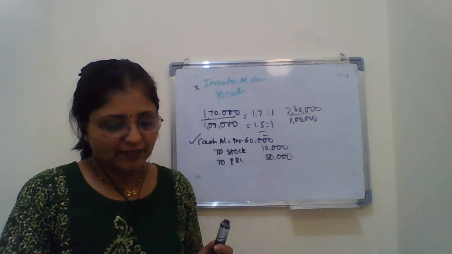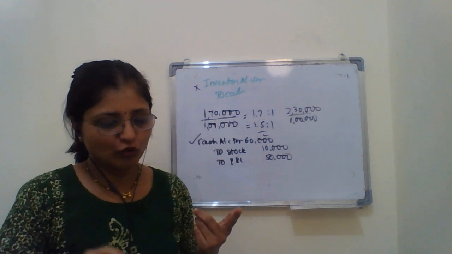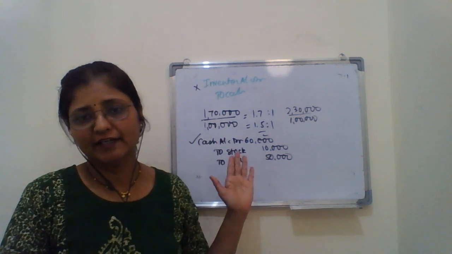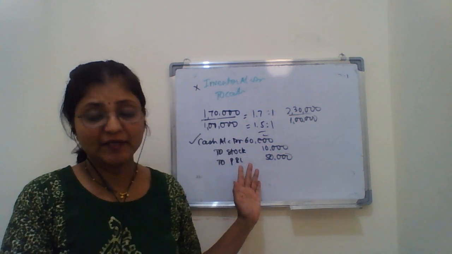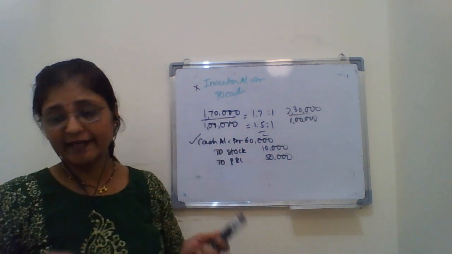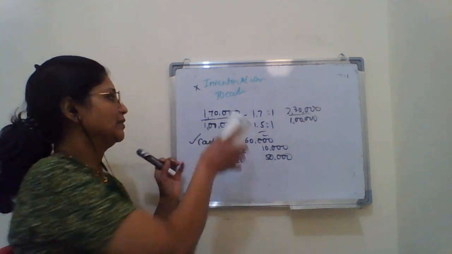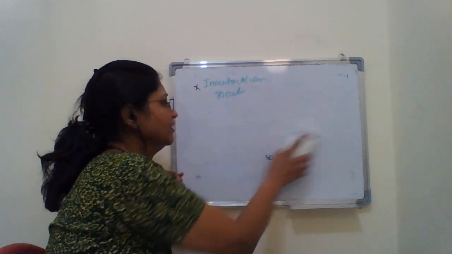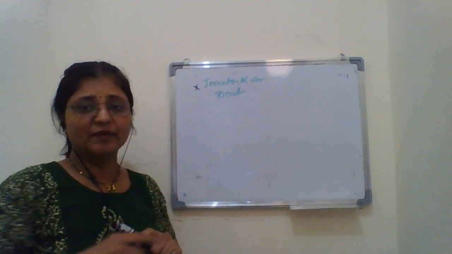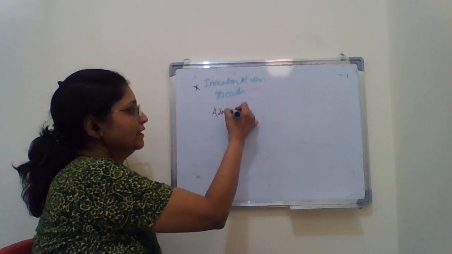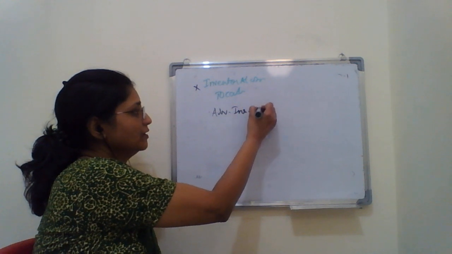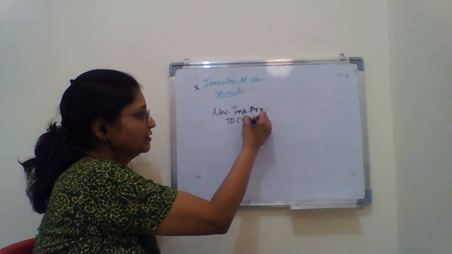Come to illustration 35. So the quick ratio of a company is 1 is to 1. So we can assume 1 lakh by 1 lakh. First case, paid insurance premium in advance. So what is the entry for that? Insurance premium is paid, so definitely cash account is going to be credited. So debit is advance insurance premium, to cash.